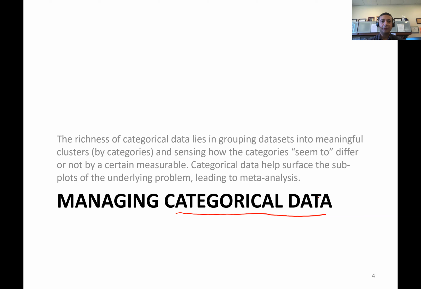And the other way is to look into how the categories seem to differ or not by a certain measurable. And we'll talk about this as we go in the flow of this video. But as an example, if I'm trying to compare between males and females in terms of grades in the class, just by the data set that is at hand, which one seems to fare better?